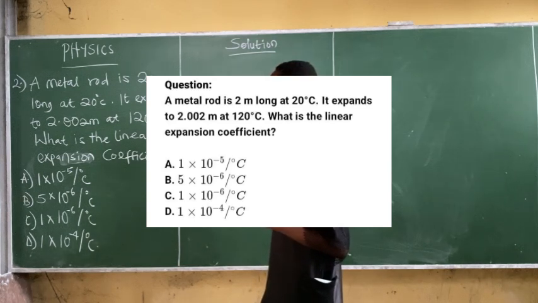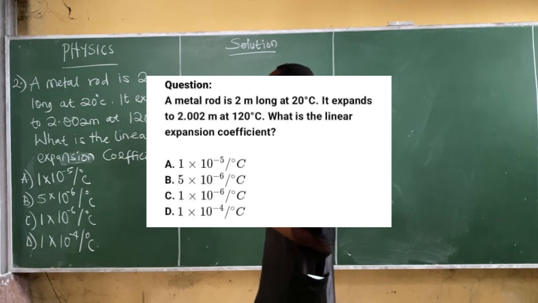Option A, 1 times 10 raised to the power 5 per degree Celsius. Option B, 5 times 10 raised to the power minus 6 per degree Celsius. Option C, 1 times 10 raised to the power minus 6 per degree Celsius. And option D, 1 times 10 raised to the power minus 4 per degree Celsius.